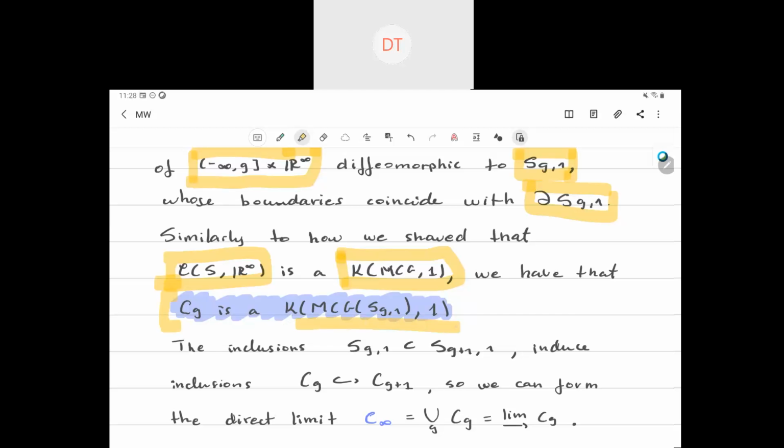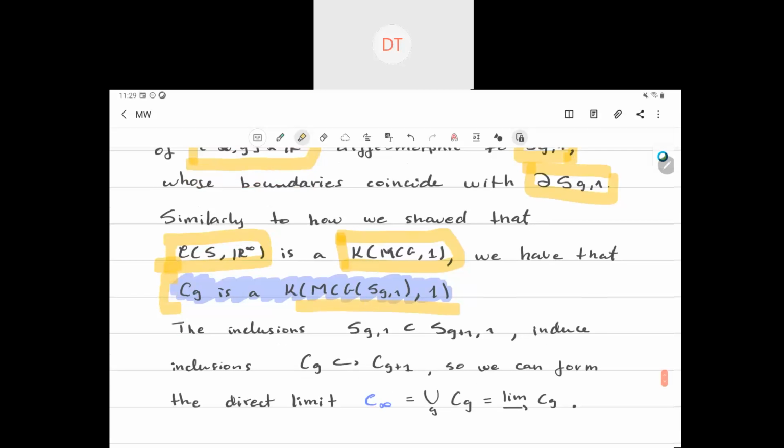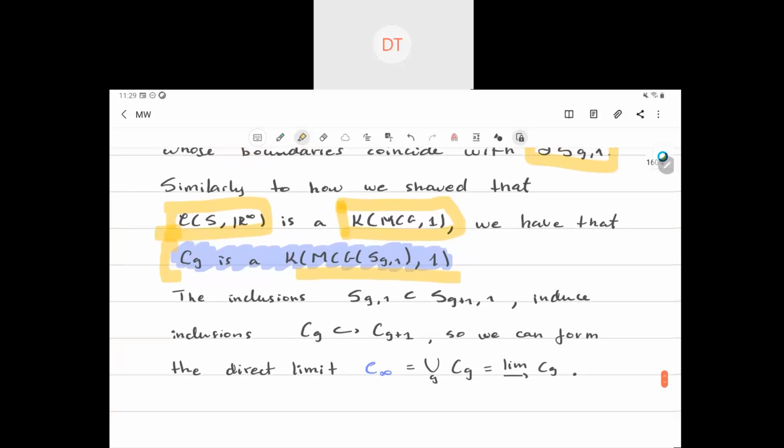So it satisfies the same condition that we wanted for C_S R infinity. Again, this is a claim that I am not proving, I just want to give an idea of how this works.